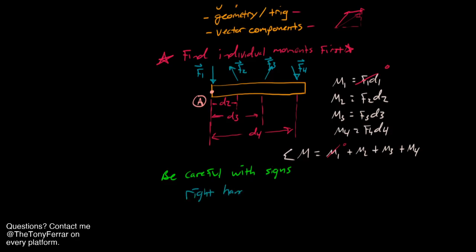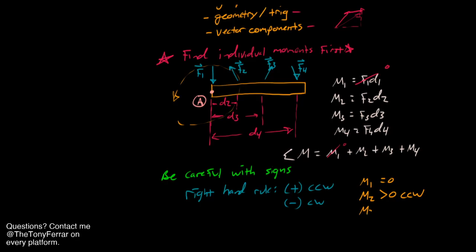Right-hand rule. What that says is that positive goes with counterclockwise rotations and negative goes with clockwise. So in this example, M1 is equal to 0. M2, caused by F2, is causing a counterclockwise rotation about A, so that is positive, greater than 0.